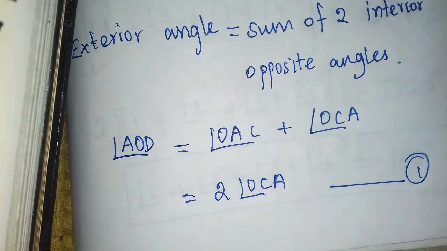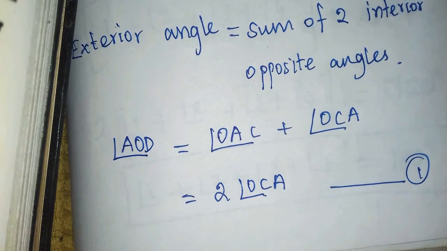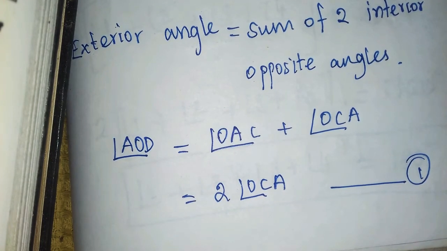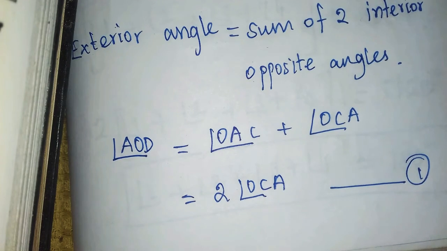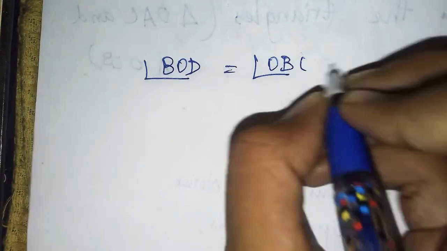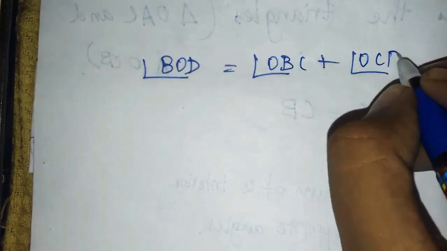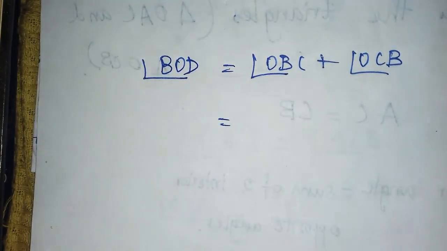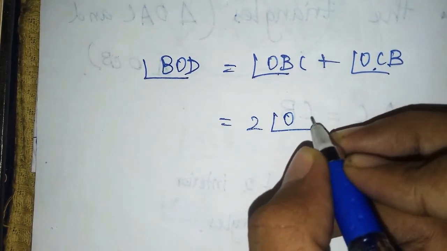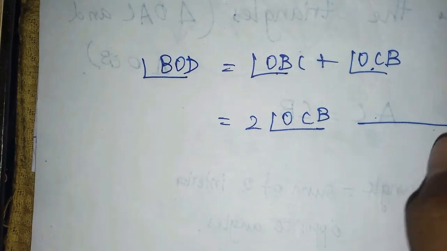Now similarly, by the next triangle, we can write the same proof. Exterior angle is equal to the sum of two interior opposite angles. That is, angle BOD is equal to angle OBC plus angle OCB. Here also these two angles are equal. So 2 into angle OCB. Keep this as equation 2.